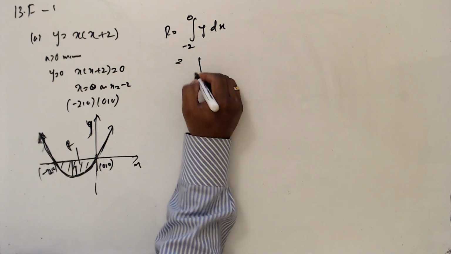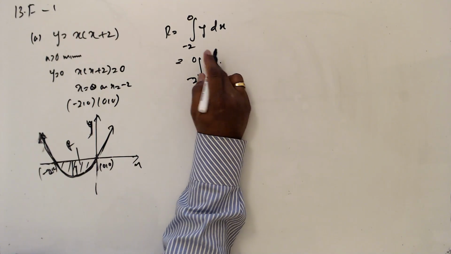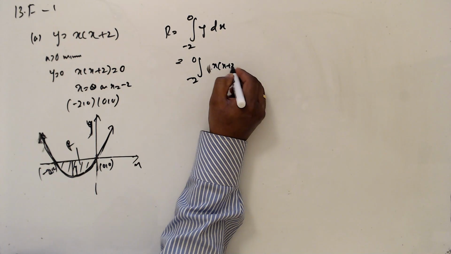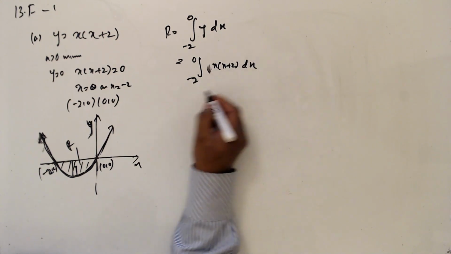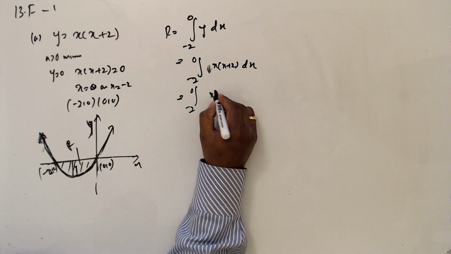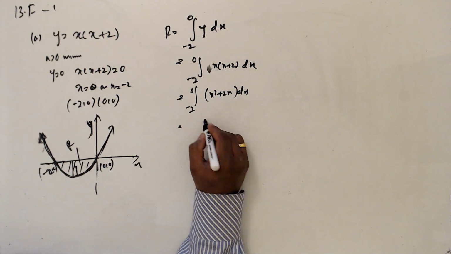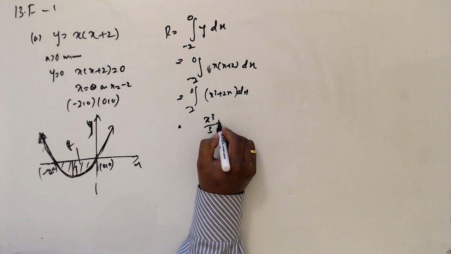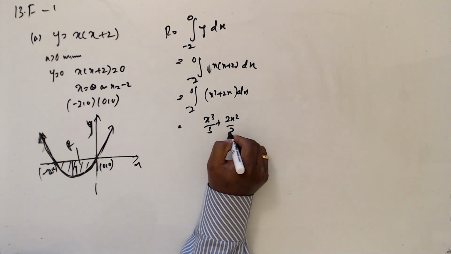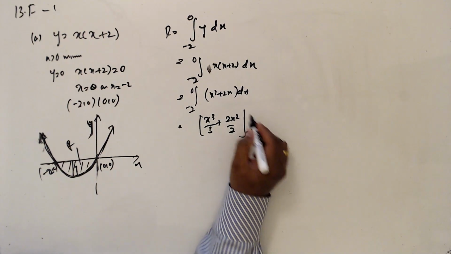So it means the integral from minus 2 to 0 of x times (x plus 2) dx. It means the integral from minus 2 to 0 of x squared plus 2x dx. So x cubed over 3 plus 2x squared over 2, from minus 2 to 0.